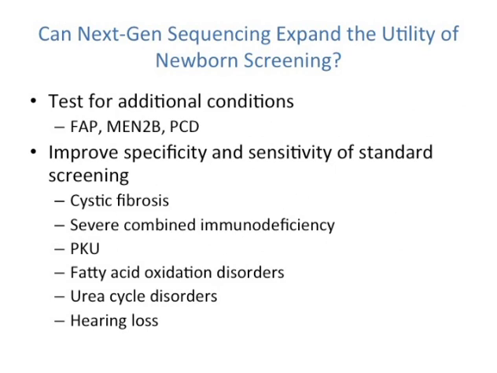So when we look at some of these different questions, can next generation newborn screening expand the utility of newborn screening? If we can test for some additional conditions, such as I mentioned, ones like early colon cancer in children, FAP gene, multiple endocrine neoplasia, type 2B, that can lead to very early thyroid cancer.